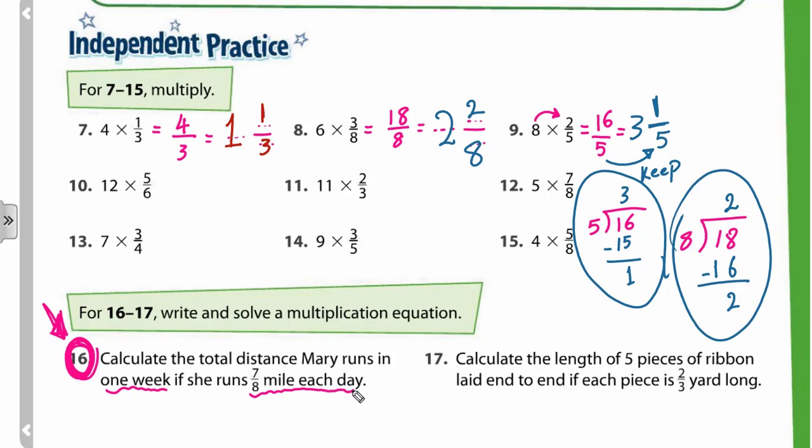Multiply. Excellent. We need to multiply because we repeat 7/8 each day. How many days in 1 week? 7. So that's why we need to multiply 7 by 7/8. Okay, go ahead, my hero.